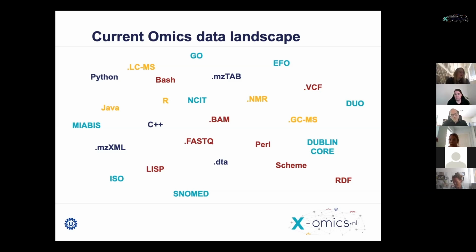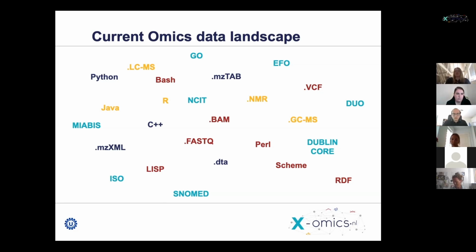And for proteomics, we have mass spec XML. Some programming languages are used in all the omicses, like Python and R. Other programming languages are very specific. And lastly, of course, there are standards, like ISO, but also metadata standards and ontological standards. So we face quite a big challenge to harmonize and interoperate between all of these different omicses.